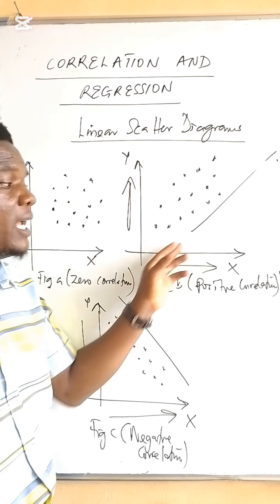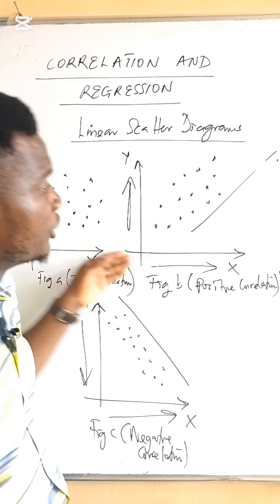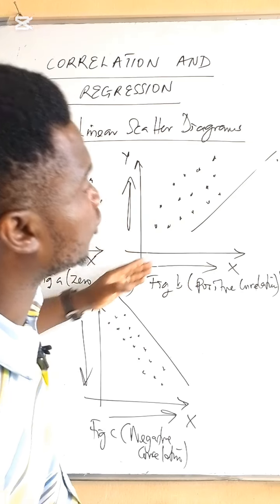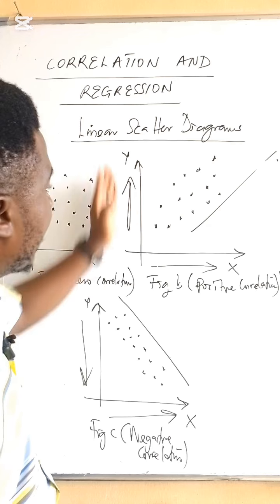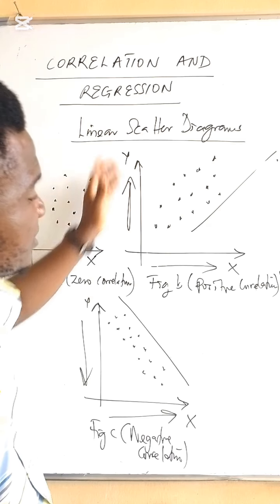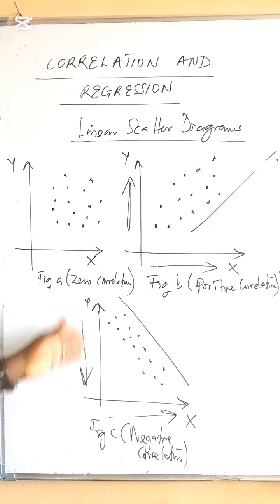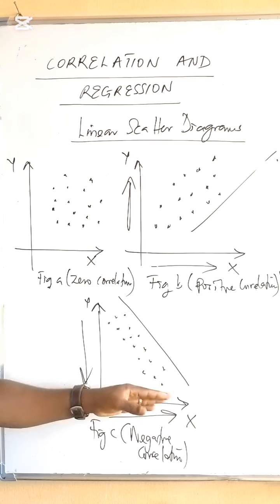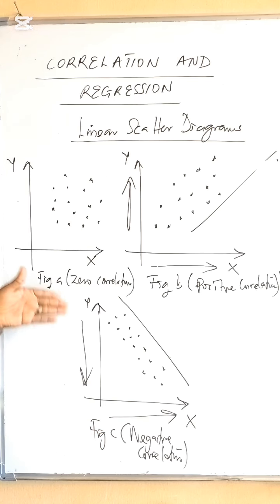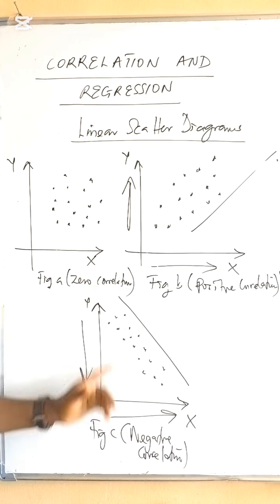In this case here, looking at all the plots, you will notice that if one is to draw a line across the points, it will show that as y increases, x is also increasing. Looking at the third diagram, it is negative because as x increases, y values are decreasing. So simply put, there are three cases for the linear scatter diagram: figure A, figure B, and figure C.